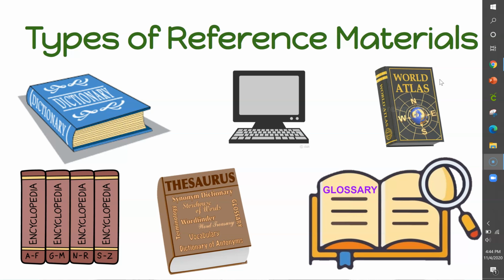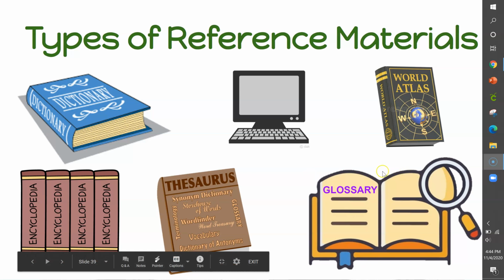There are many different types of reference materials, including dictionaries, which list words in alphabetical order and their meanings, syllabication, pronunciation, and part of speech. The computer, in which you can find an online dictionary or do some Googling and other internet research. A world atlas, which has information about maps.